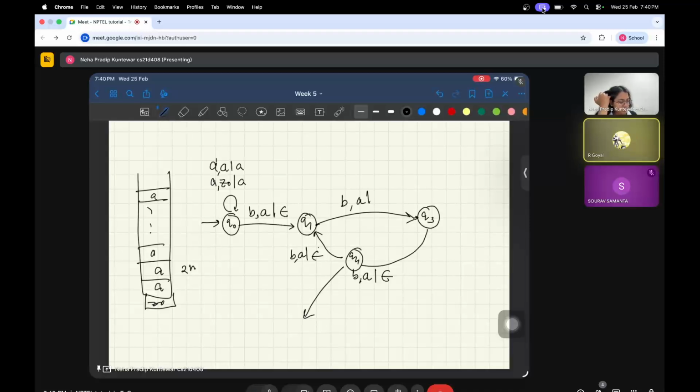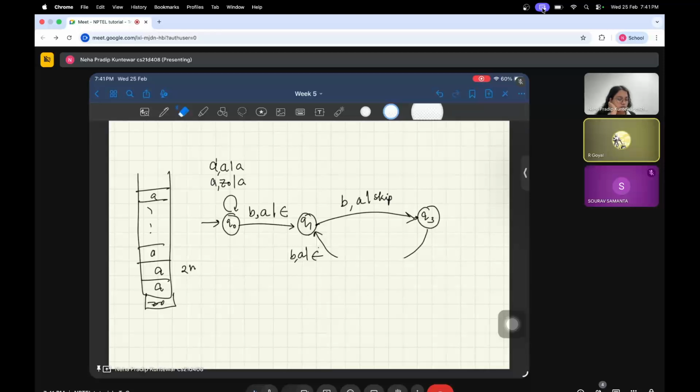You can probably write slash skip here. Skip would mean that A is replaced by itself, kind of thing, and nothing is being pushed, nothing is popped. And now from Q3, I can directly, so this Q4 state is not required. Directly from, no, no.